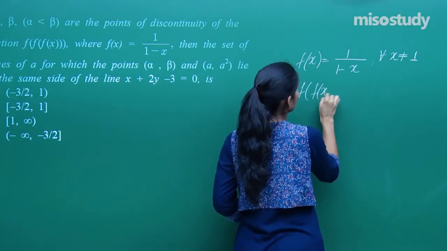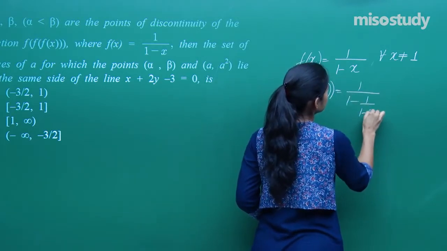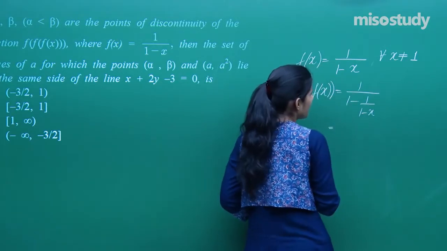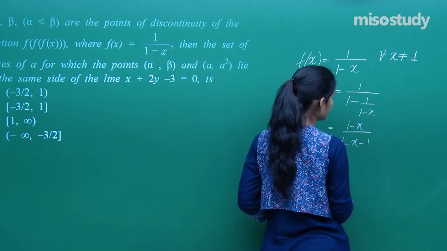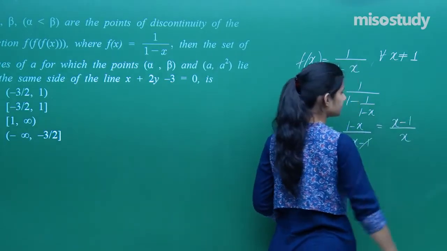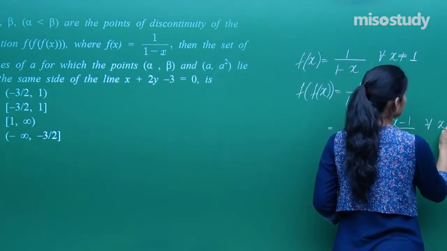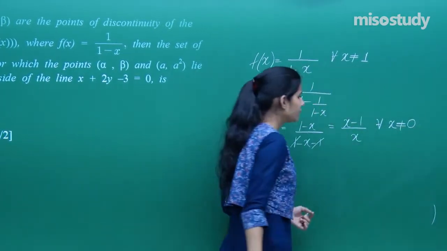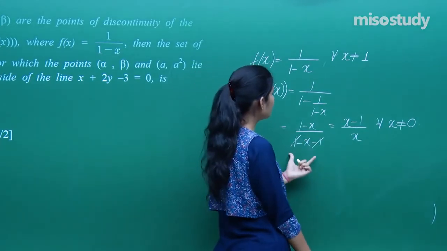If I talk about f of f of x, it is 1 upon 1 minus 1 upon 1 minus x. This is equal to what? 1 minus x whole upon 1 minus x minus 1. So this happens to be x minus 1 upon x, right? And then this is not defined for x equals 0 in the denominator, right? This was 1 minus x upon 1 minus x minus 1.